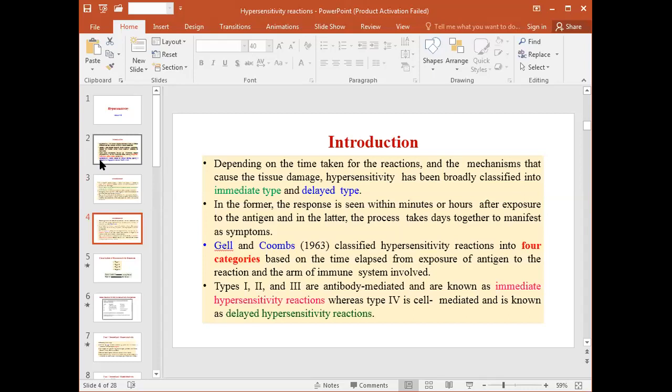But Gell and Coombs in 1963 classified hypersensitivity reactions into four types based on the time elapsed from the exposure of antigen to the reaction and the arm of the immune system involved. So they have classified type 1, type 2, and type 3 as antibody mediated hypersensitivity reactions, known as the immediate hypersensitivity reactions, whereas type 4 is a cell-mediated one and is known as the delayed type of hypersensitivity reaction.